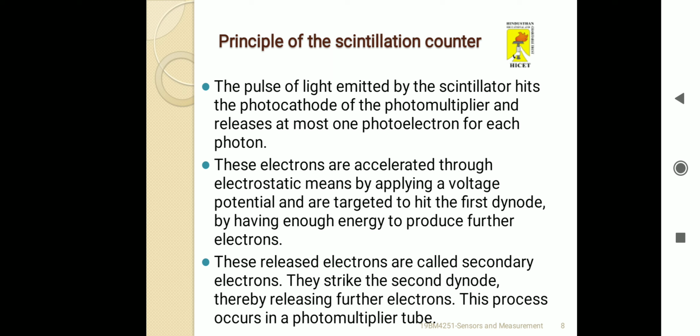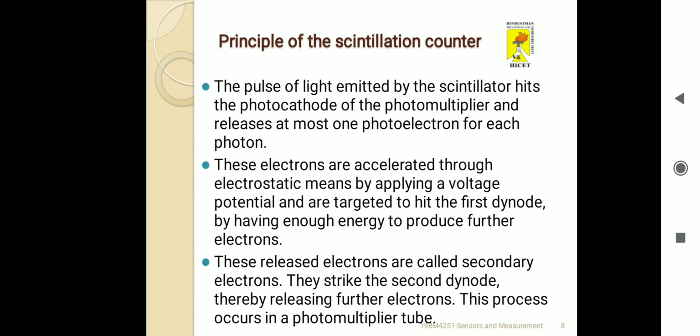These electrons are accelerated through electrostatic means by applying a voltage potential and are targeted to hit the dynodes. So we should have enough dynodes in order to accelerate the electrons.